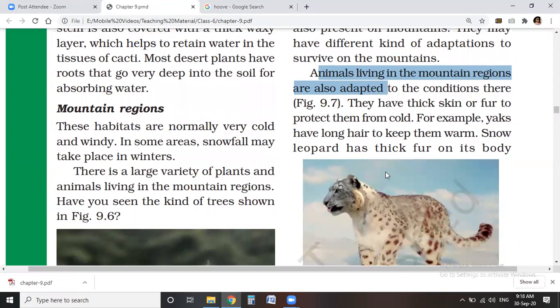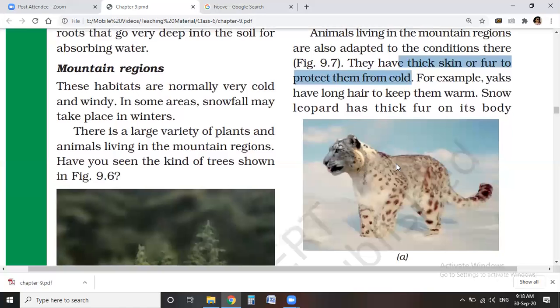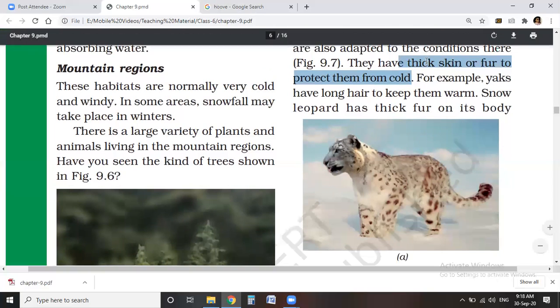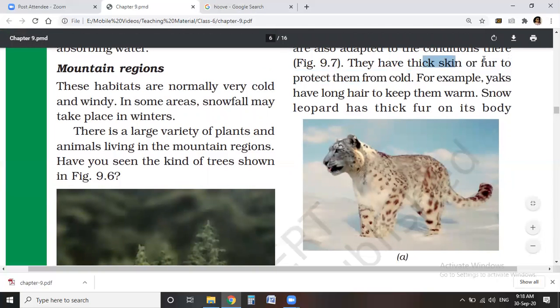And when we talk about the animals, animals living in the mountain region also adapt to the conditions. They have thick skin or fur to protect them from the cold. They live on the mountains where the temperature is very cold, so to protect themselves from the cold, they have adapted features like thick skin or fur on their skin.